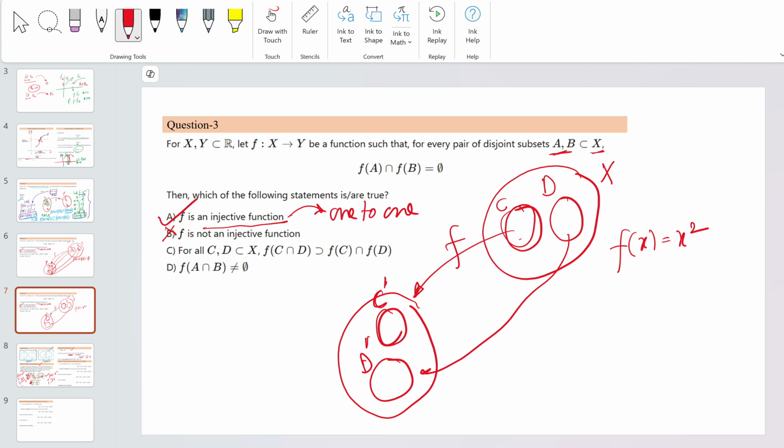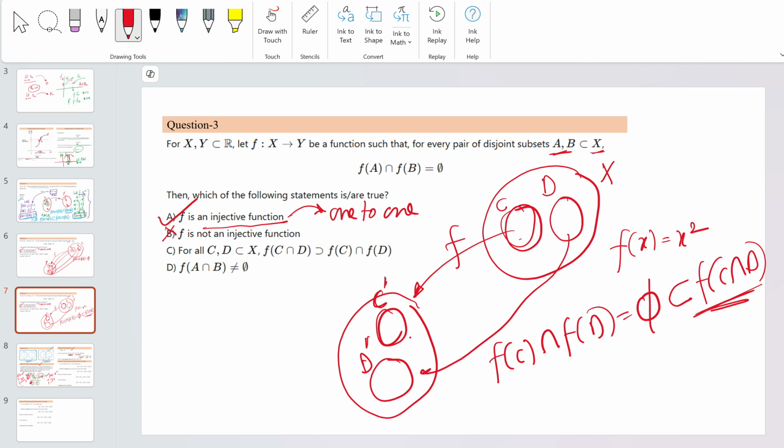There could be a possibility that f(C) intersection f(D) is equal to phi, which can be a possibility that it is a subset of f(C intersection D).